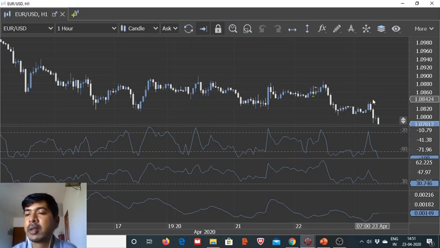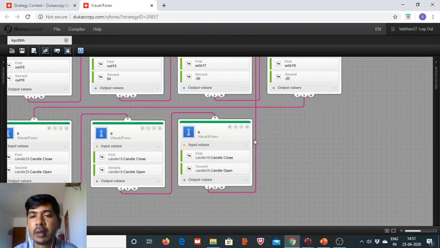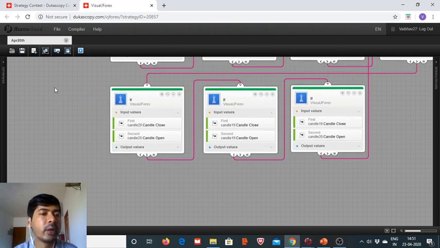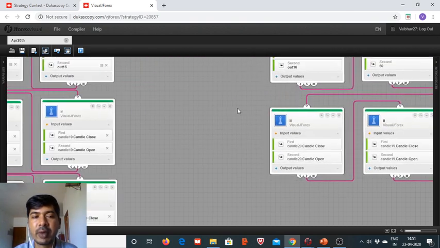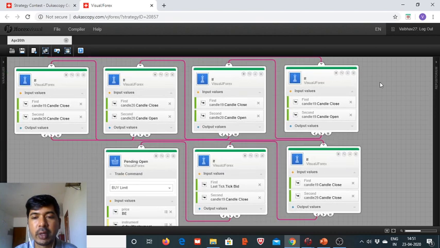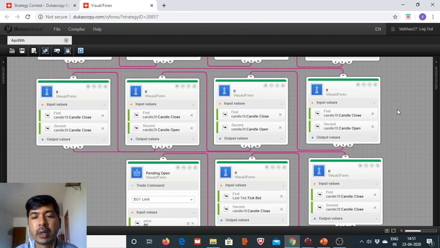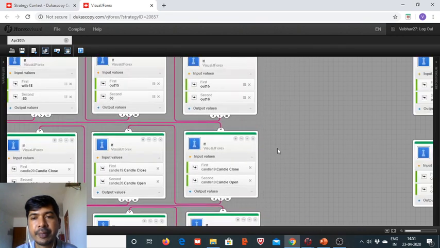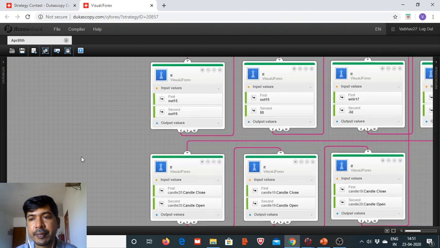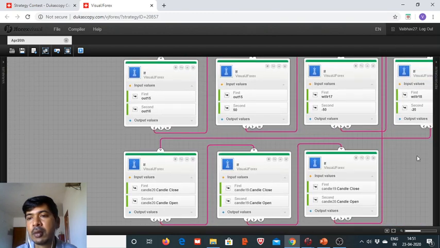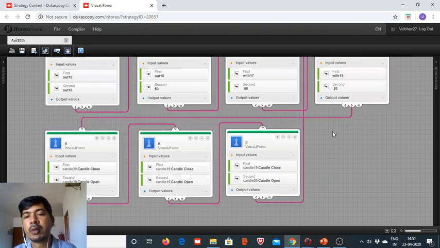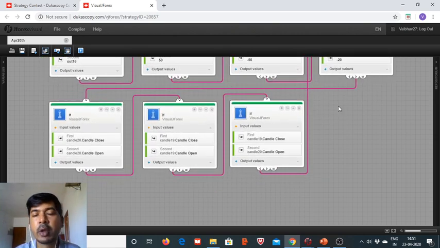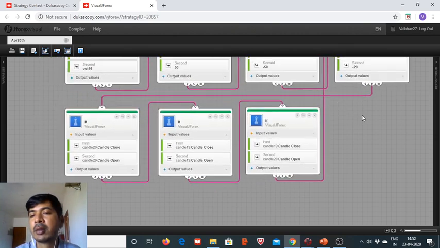So here we have done this, the price action and the Williams R and the RSI values, just to make sure that we are moving in a symmetrical fashion. We will also need to take a look at the conditions defined so far. Now we are almost done with these three of the conditions.